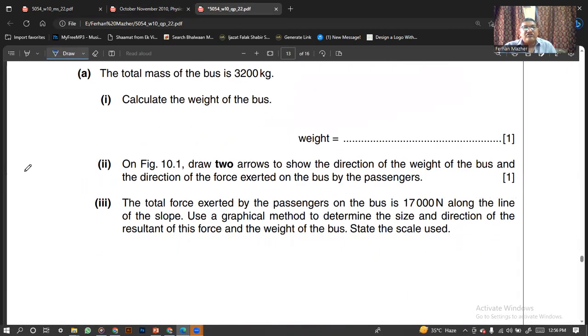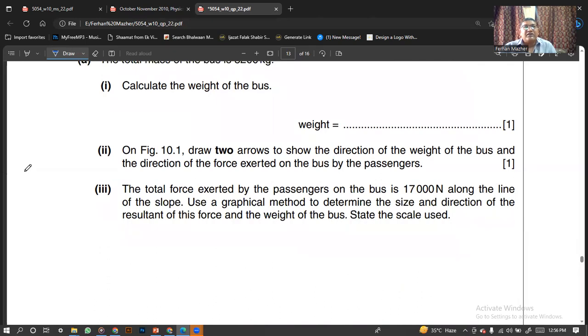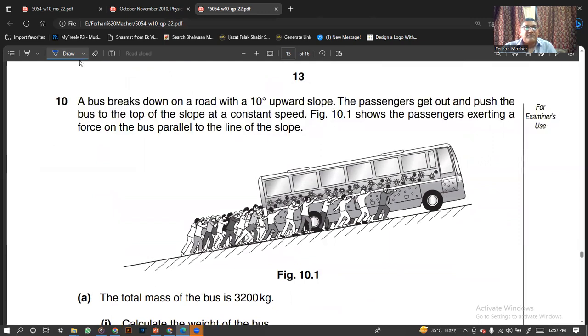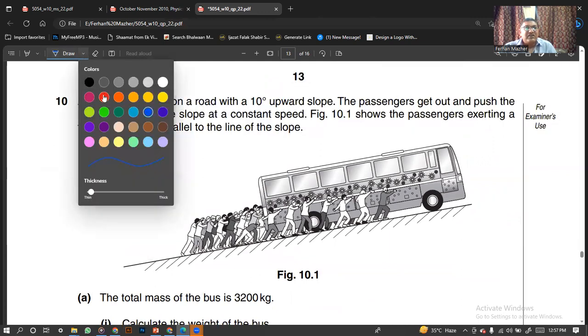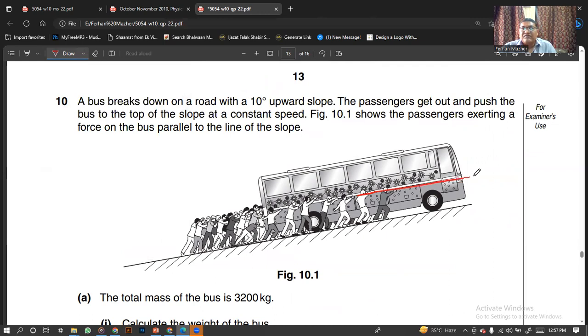Okay, then we have question number 10A, second part, on the figure 10.1. Draw two arrows to show the direction of the weight of the bus and the direction of the force exerted on the bus by the passengers. So the force exerted by the passengers is along the slope, so that force is in this way.